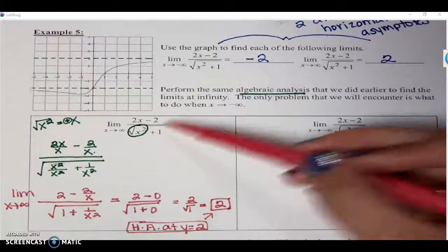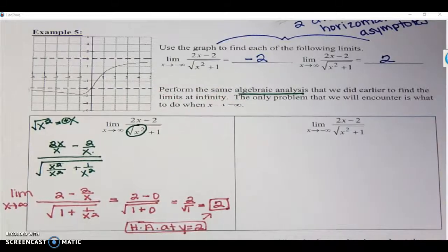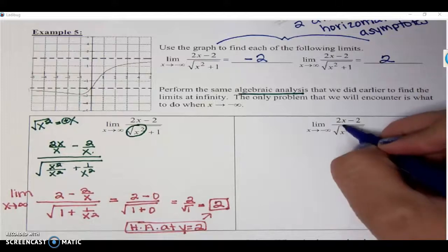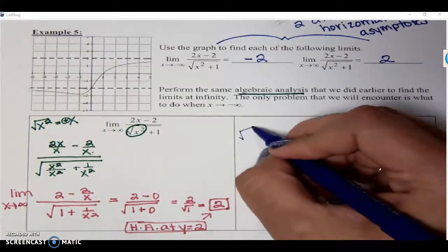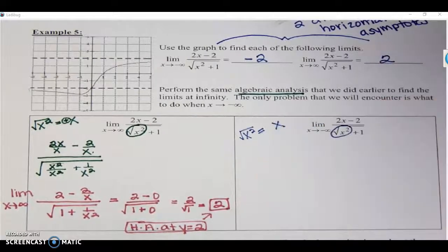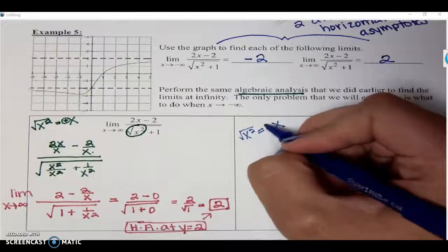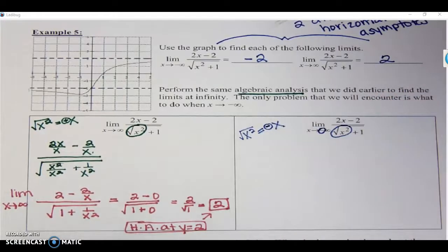And this is the same problem that we had up here, and we confirmed that with our graph that that was true. So now we're doing the same problem, but we're going to do the limit as x approaches negative infinity. So you're still going to be dividing by the highest degree in the denominator. But because it has this square root, the square root of x squared is just x. But because we're working with negative infinity this time, you're going to be dividing by negative x.